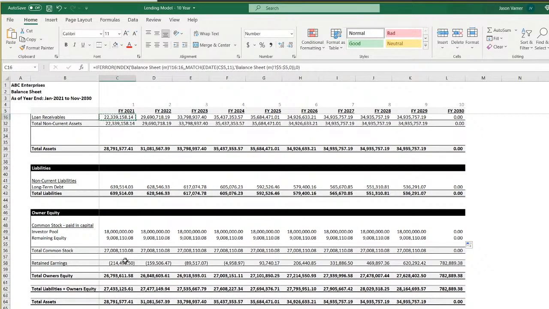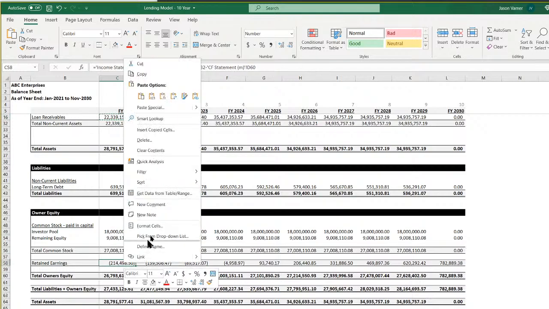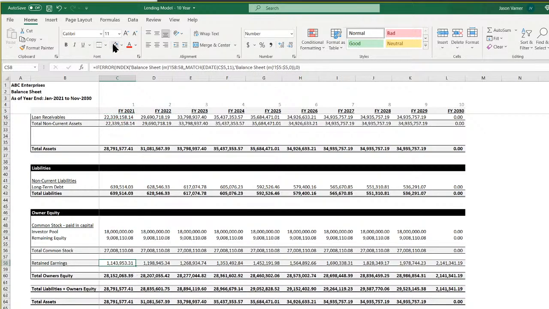So turning monthly three statement models into annual is pretty easy. The income statement is just going to be sum ifs against what the monthly is. The balance sheet is just lookups at the end of each year for what the value is. And then all that should balance. And then these are all just plus minus formulas.